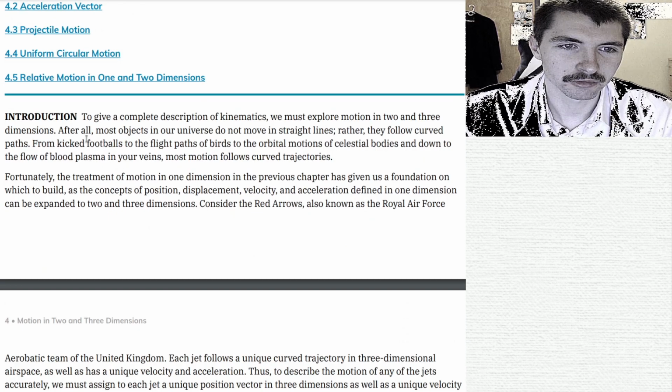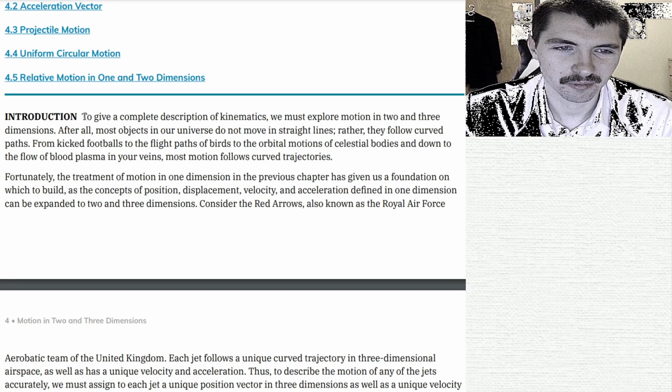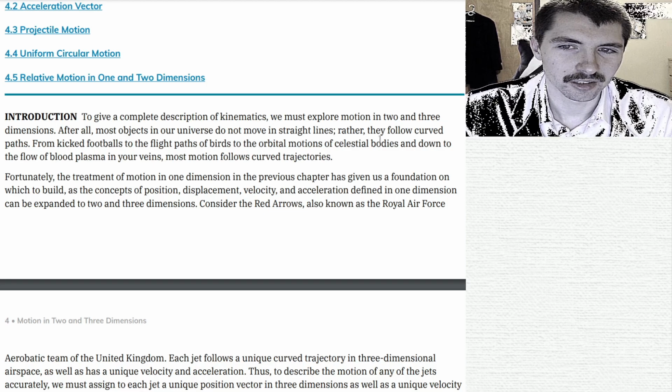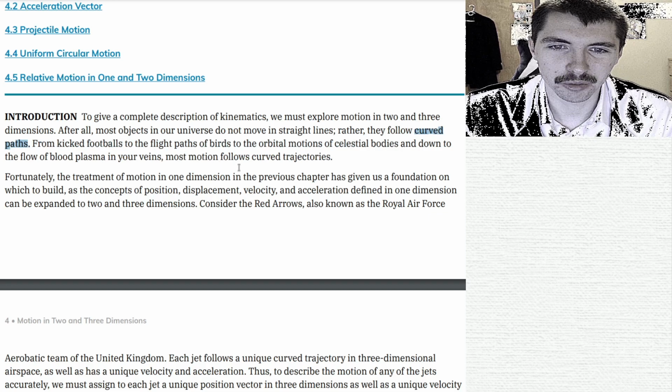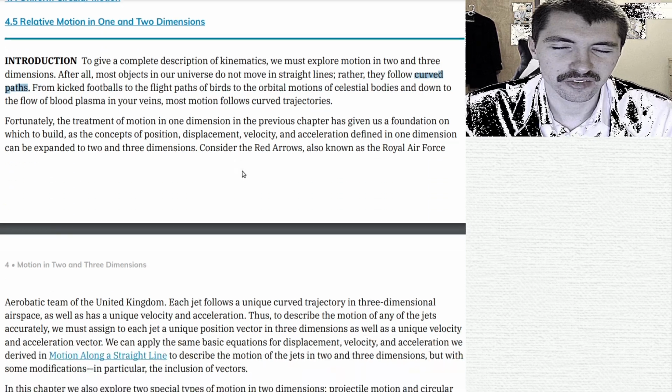I know you guys can read, so I'll try to read silently and pick out what stands out to me. Curved path. If you really want to be specific, everything's kind of curved.